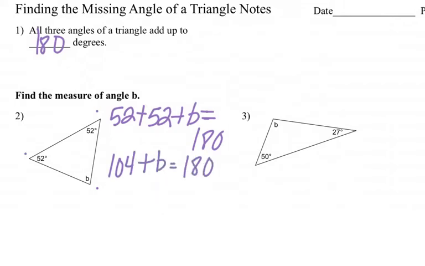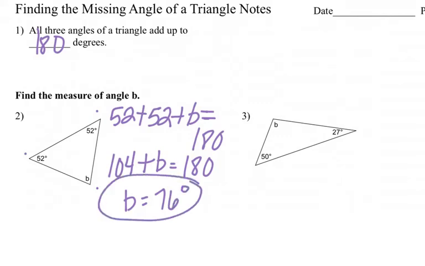And so then we look at it like this. We say, okay, 104 plus what equals 180? All right, so we look at it: 180 minus 104 is 76. So your measure of angle B would be 76 degrees.